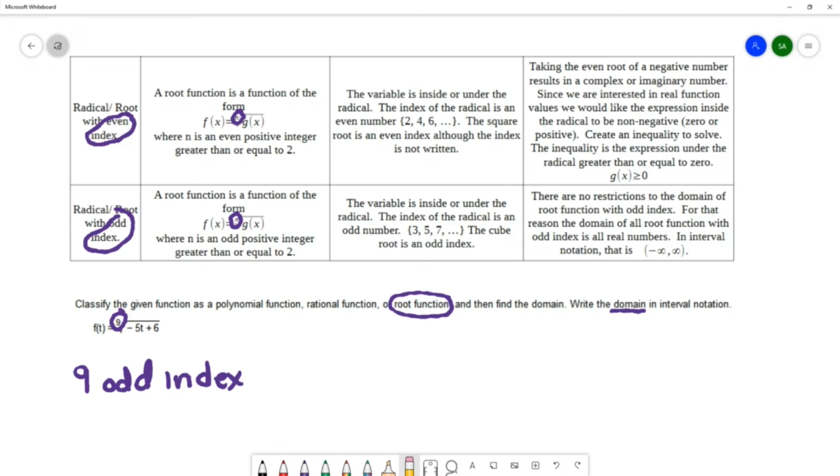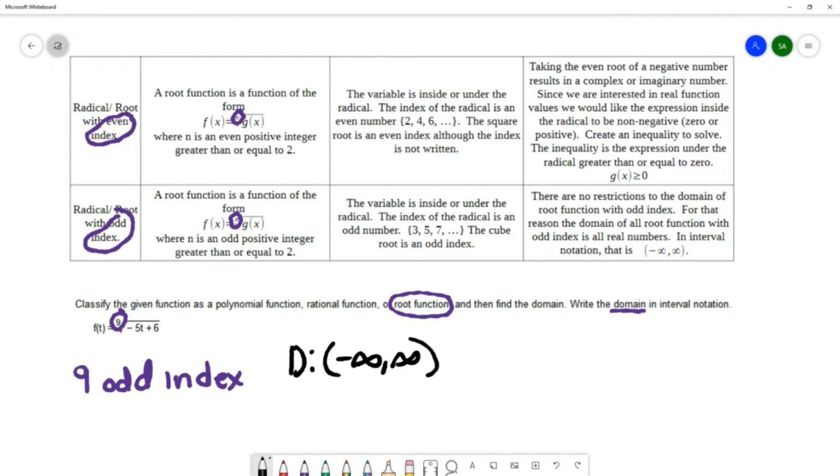What this is saying is that there are no restrictions and there's no calculation needed for finding this domain. So the domain will be all real numbers, or negative infinity to infinity, because it has this odd index.